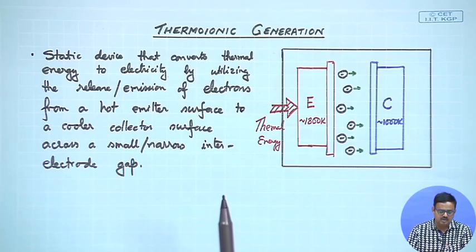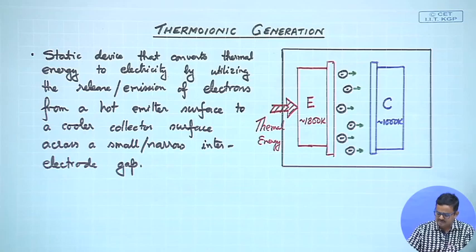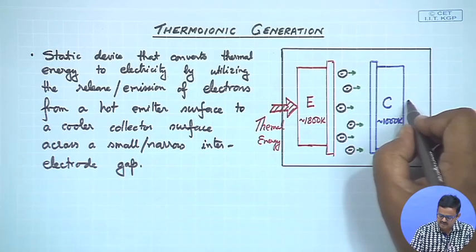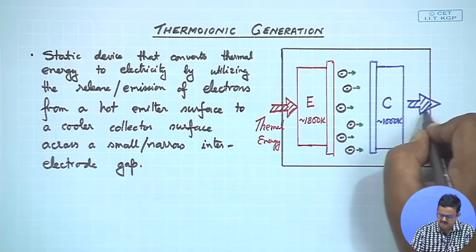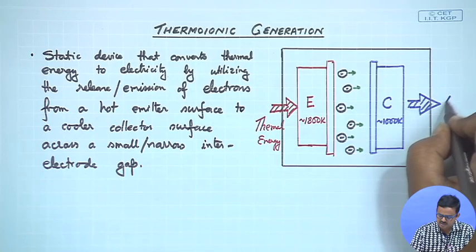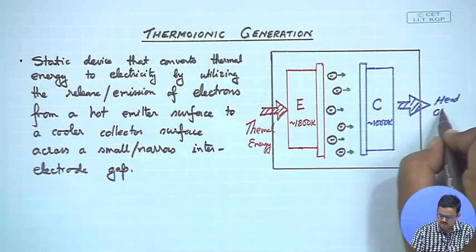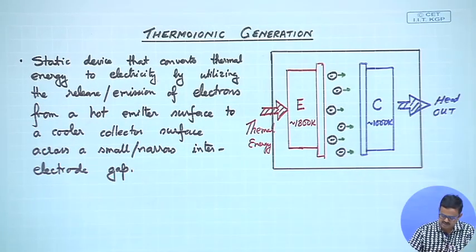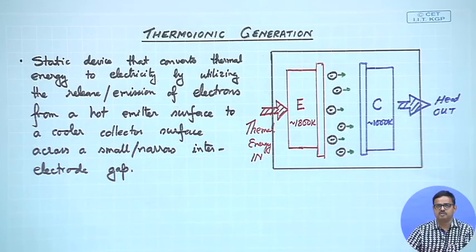When the electrons go and hit the collector surface, they release their energy, which is dissipated from the other end again in the form of heat. So, this is heat out. This was thermal energy in, and this is heat out, waste.